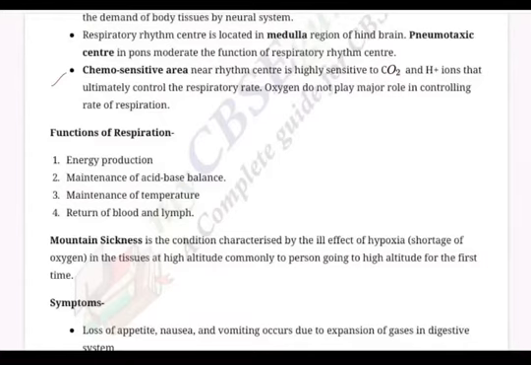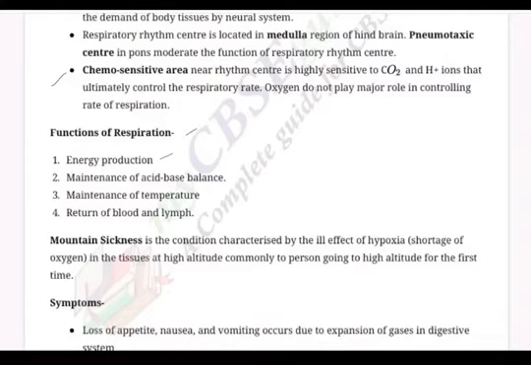Pons varolii consists of the pneumotaxic center that primarily limits inhalation. The chemical regulation of respiration is under the control of chemoreceptors located in the carotid bodies and aortic bodies. And today in this session, we are mainly focusing on disorders of the respiratory system.